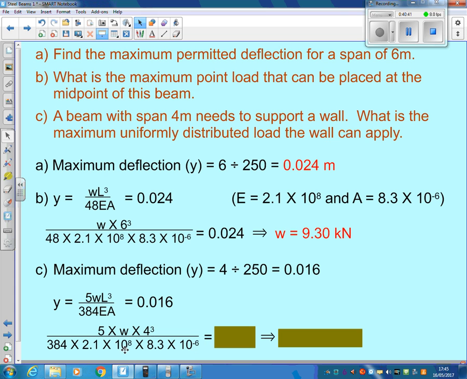384. There's Young's modulus. There's our second moment of area. And we know that the maximum deflection must be 0.016, so that must equal that. And I'm not even going to do this one, you can do it yourself and see if you get the same answer.